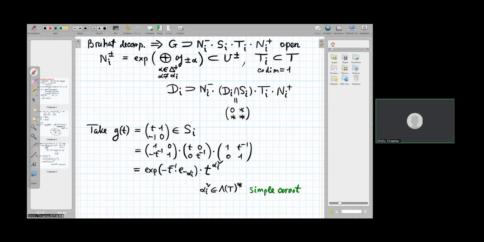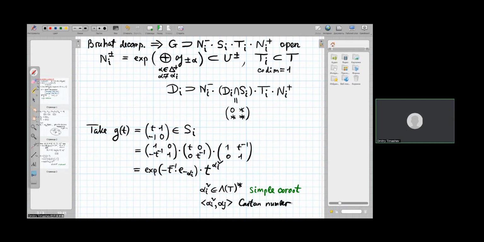Let me write in more detail. So the value of this alpha I check at any other simple root alpha j first. It is what is called the Cartan number.